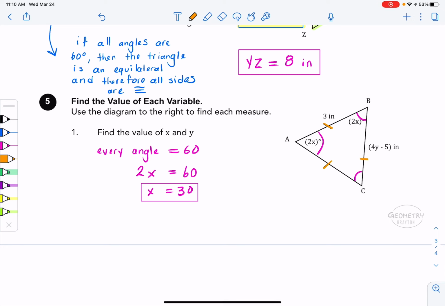So knowing that every side is equal because of what we just found out with the x variable, we know that this segment is congruent to this segment, and therefore I can set those segments equal. So I can do 3 is equal to 4y minus 5. I'm going to solve for y, so I add 5 to both sides. 8 is equal to 4y. I'm going to divide both sides by 4, and y is equal to 2.